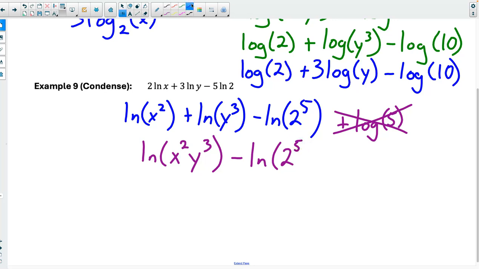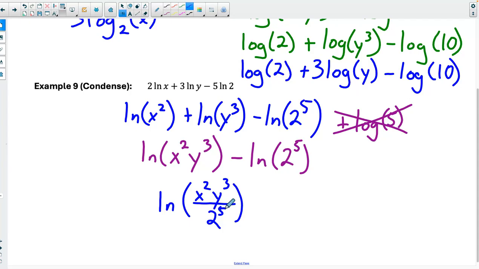Now, I'm going back to blue because I'm going to go with what Chandler said. And he said to make our fraction bar. I like that. I'm going to put these items on the top or the bottom. The top, good. So I get x squared, y cubed. And then I'm going to have, oh, I never finished that parenthesis. And then I'm going to have 2 to the 5th right there.